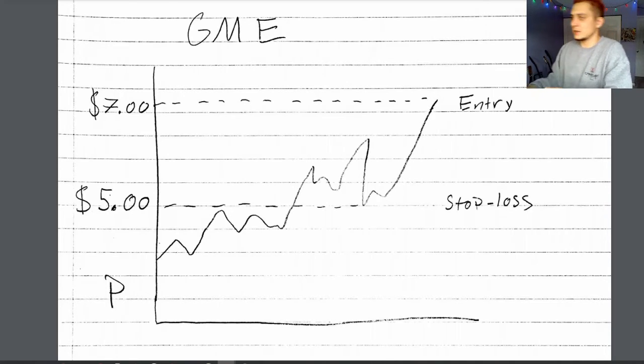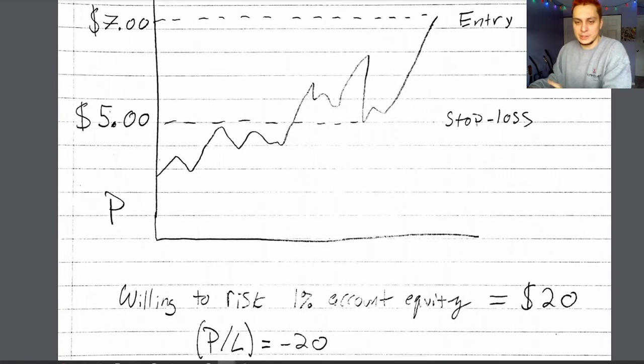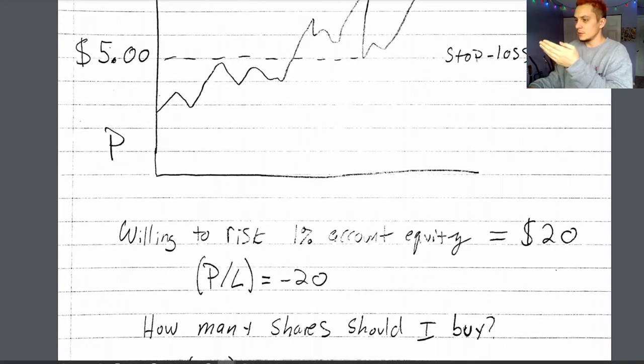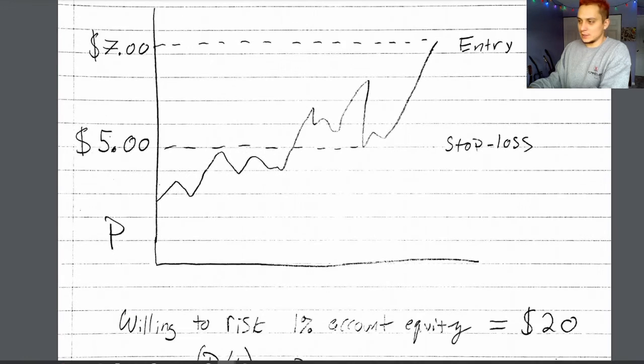So I'm not actually risking $700. But anyway, back to the example. So you're willing to risk $20. So our acceptable loss is -20. Okay. So how many shares should you buy? At this point, you can pause the video and use the cheat sheet to try and figure it out. I will now scroll down and show you the answer.